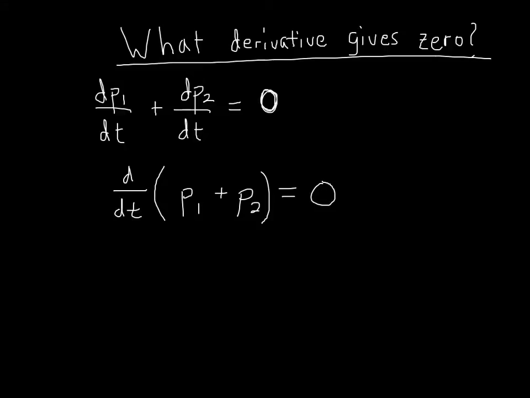So my question is, what derivative is going to give me 0? If I want the derivative of p1 plus p2 to be equal to 0, that tells me that p1 plus p2 has to be something specific. It has to be a constant. The derivative of a constant is 0. It's the only way you can have a 0 derivative. So what this means is p1 plus p2 is equal to constant.